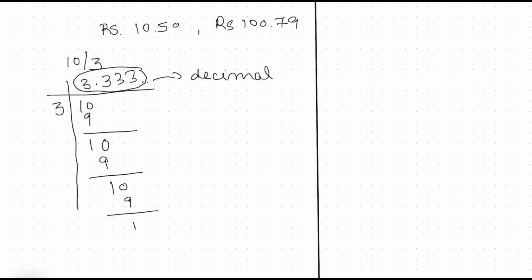In another case, you have a number called 7 by 8, and let's take out the decimal expression for this. So you'll divide 7 by 8.